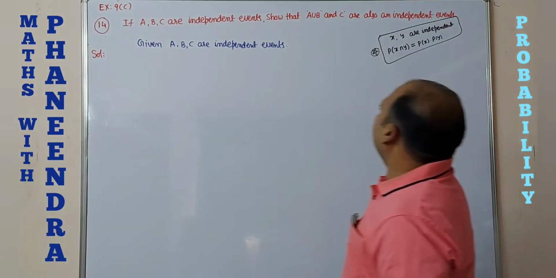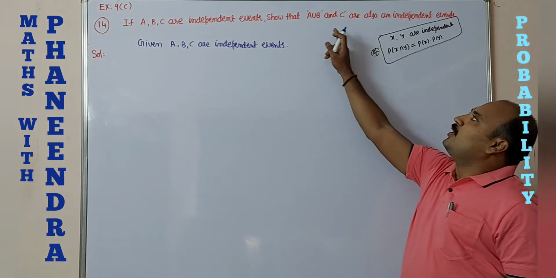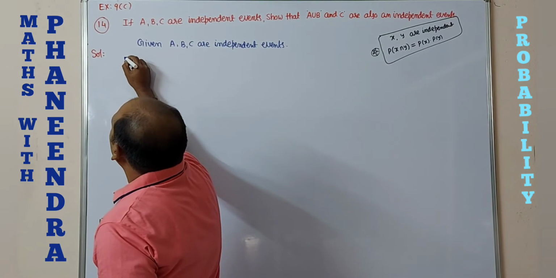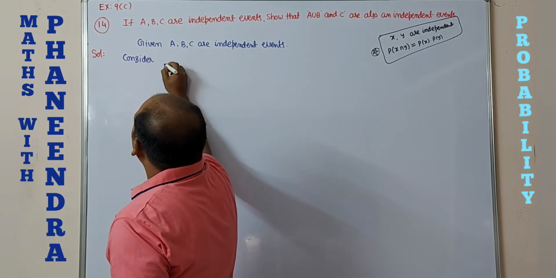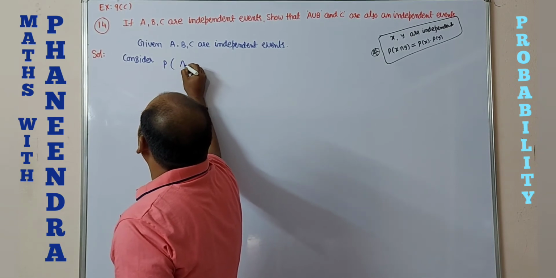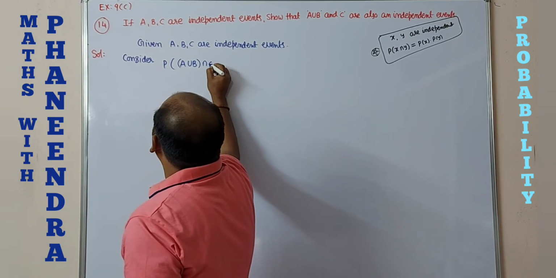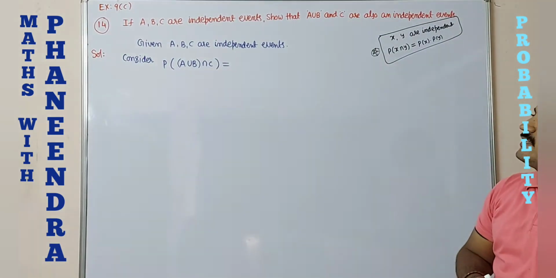So after that we need to prove A union B intersection C. So now, to prove that, consider the probability of A union B intersection C.